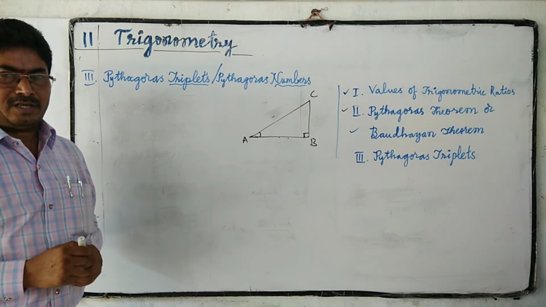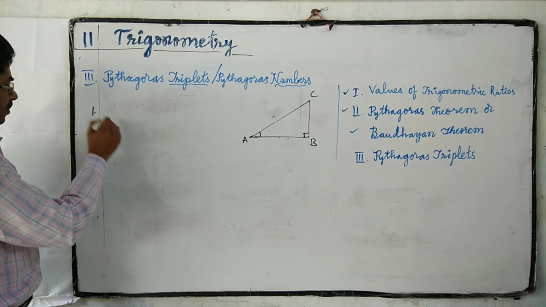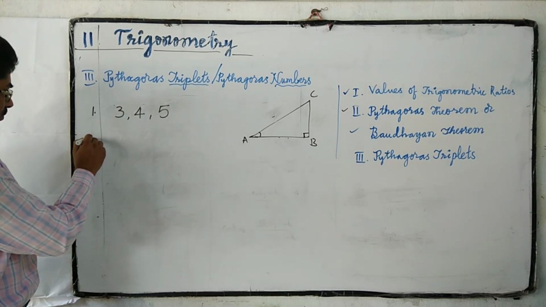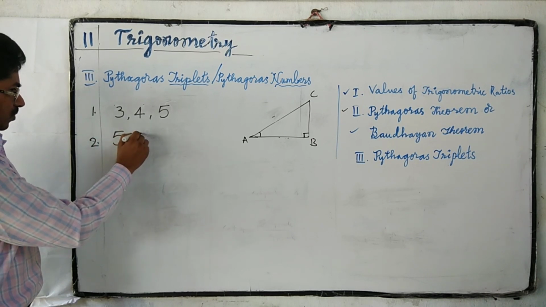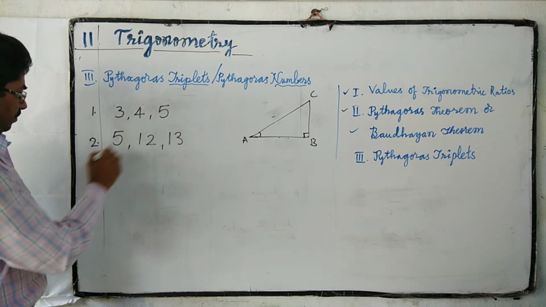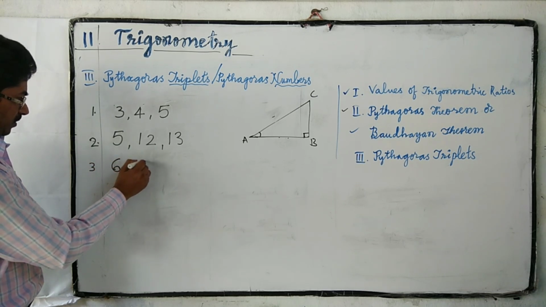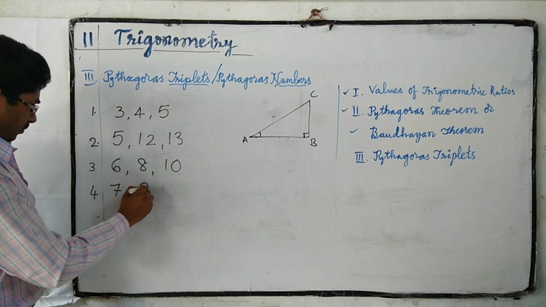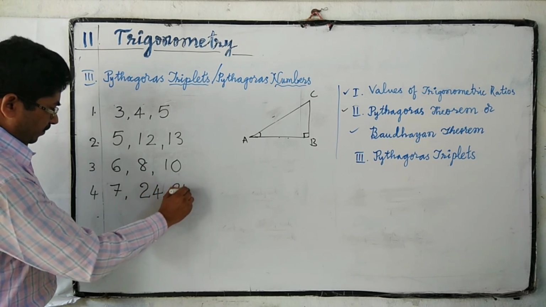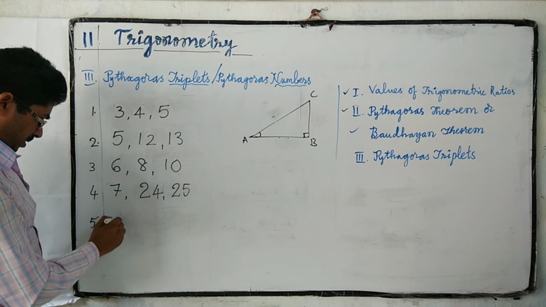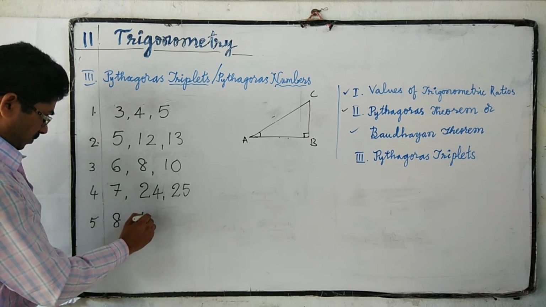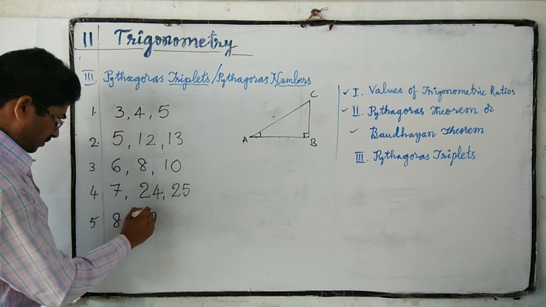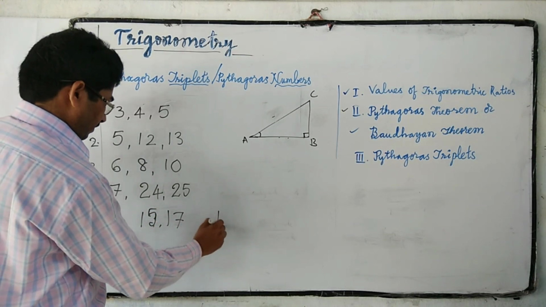Let us see what the Pythagoras triplets are. 3, 4, 5. 5, 12, 13. 6, 8, 10. 7, 24, 25. 8, 15, 17, etc.